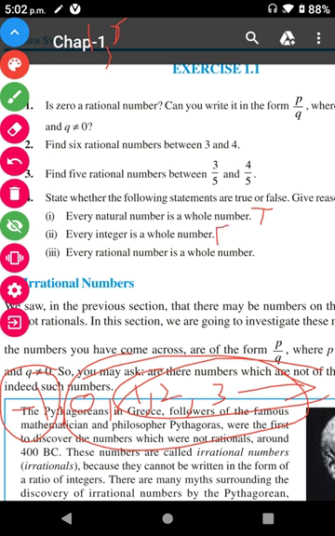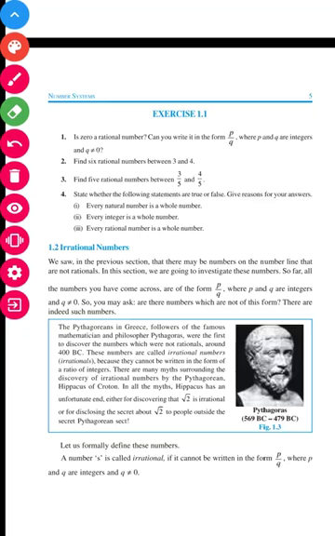That is why this is false. Every rational number is a whole number. Now we also discussed it earlier, like 4 over 5. It is not a whole number. That is why it is false.